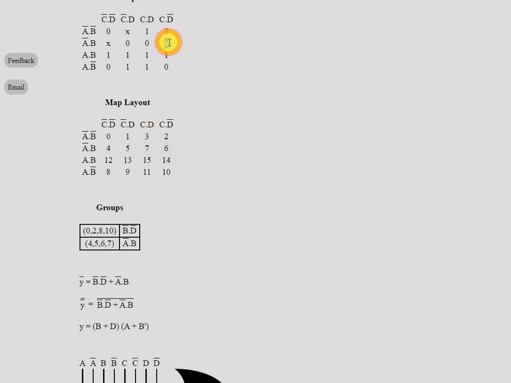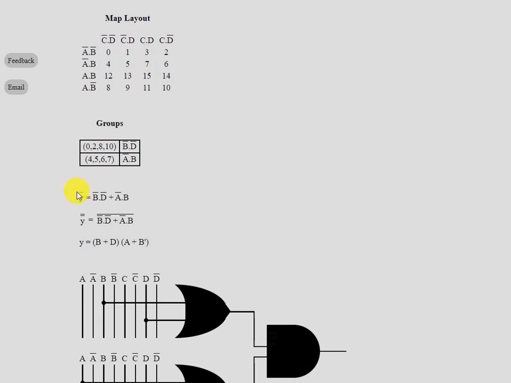Here we are using these 2 don't cares, which will give us not A and then B.